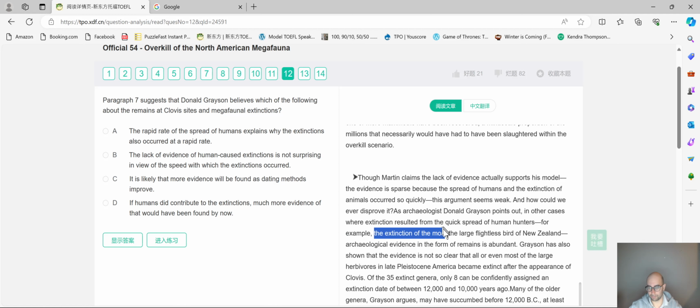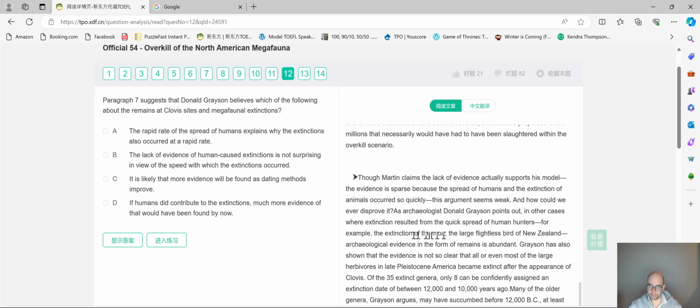The extinction of the moa. If you don't know what moa means, don't worry. They'll explain it right after. The large flightless bird of New Zealand. So it's kind of like a bird similar to our modern ostriches, right? Maybe it's the ancestor of the ostrich. Who knows? Who cares? Archaeological evidence in the form of remains is abundant.